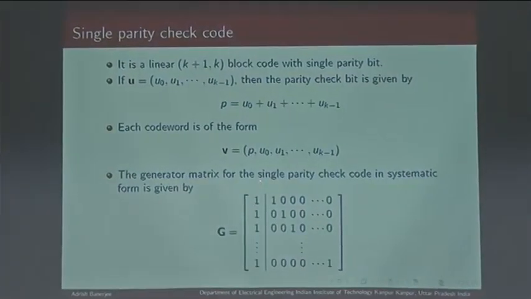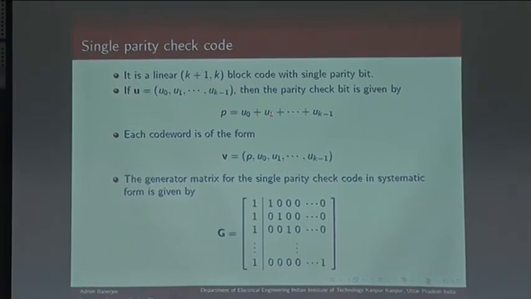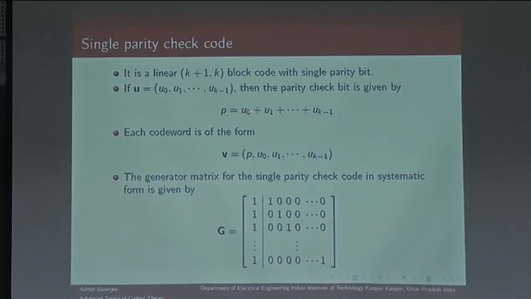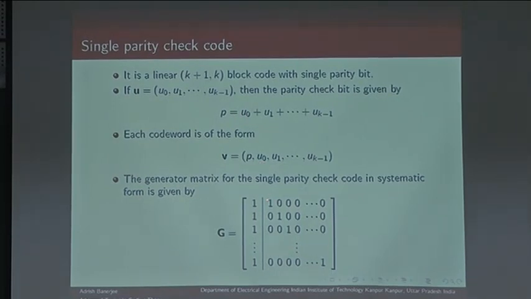So that is why it is all 1. What is the second bit? The second bit is U0, so this one is 1, others are 0. The third bit is U1, so it is 0, 1, others are 0. So you can backtrack and get your generator matrix. I think Professor Costello did one example in his lecture to generate the generator matrix from these code words. So that is how we get this generator matrix.